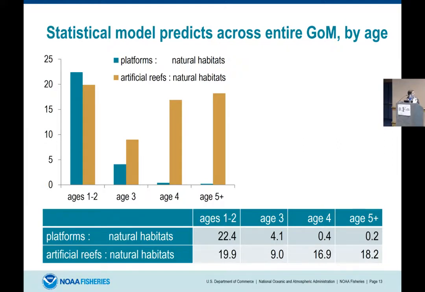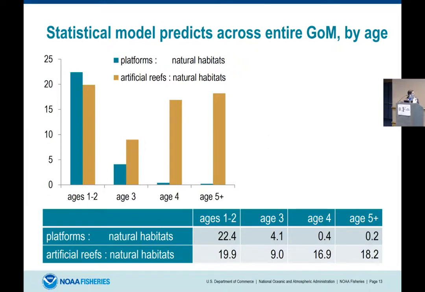So what you see here is that according to our surveys, the platforms, as others have noted in earlier presentations, the natural reefs tend to harbor much larger or older individuals, and you see the ratio drop off very rapidly on the platforms. The artificial reefs, not so much. They tend to maintain larger, older fish.